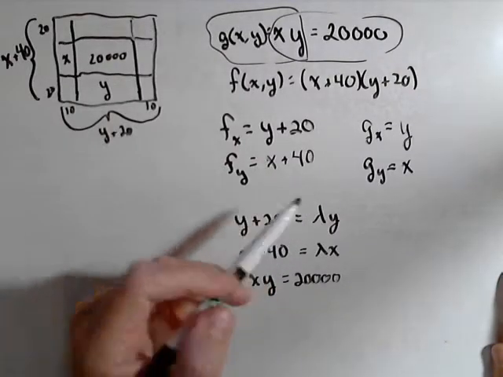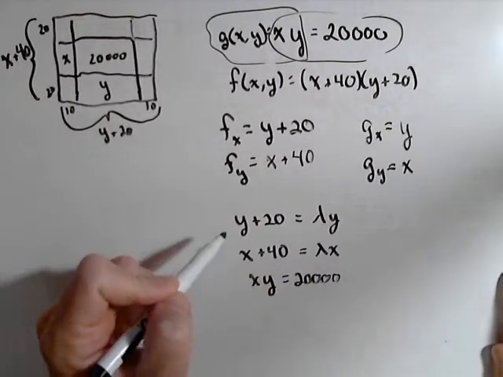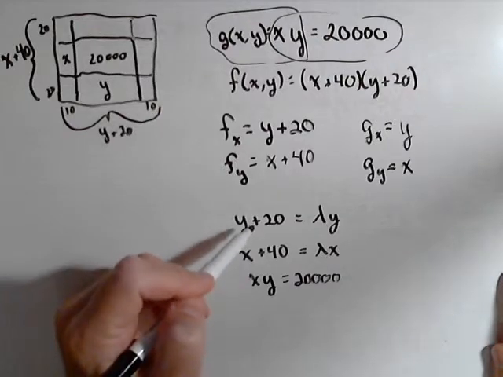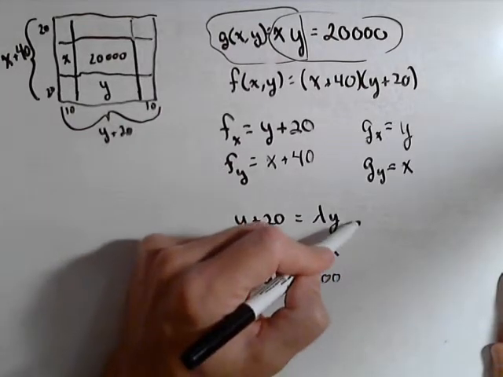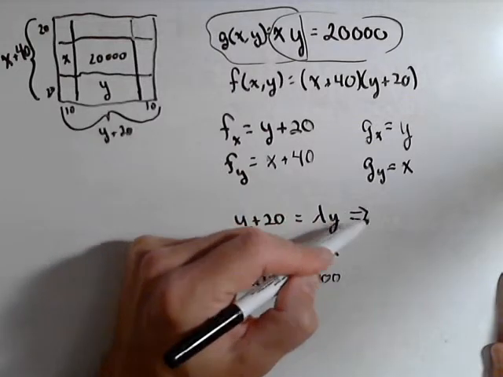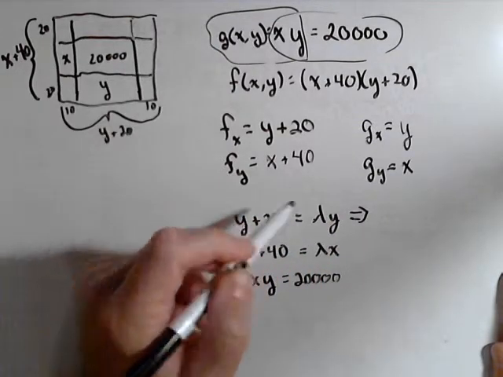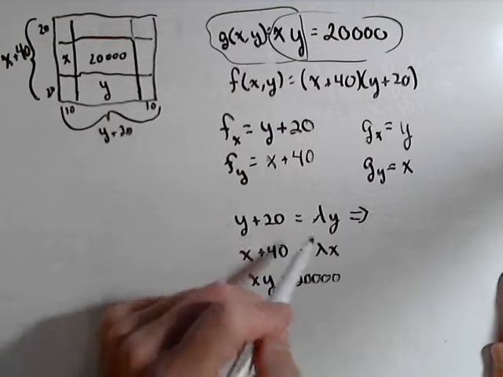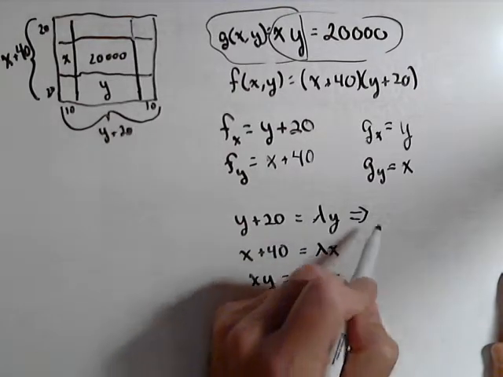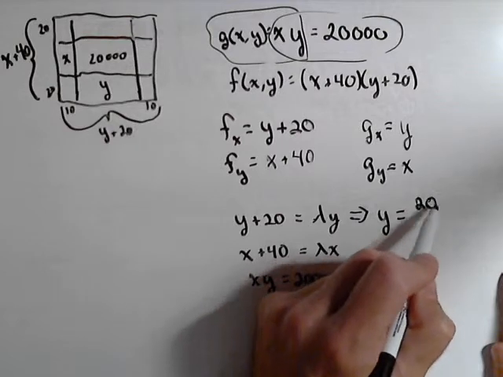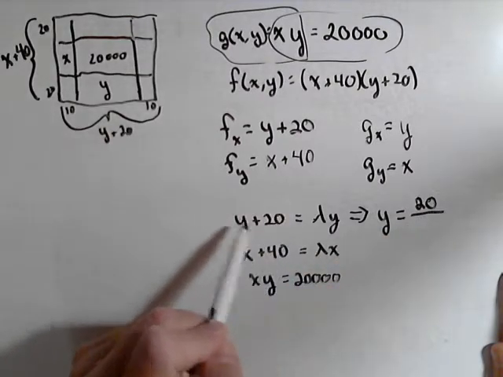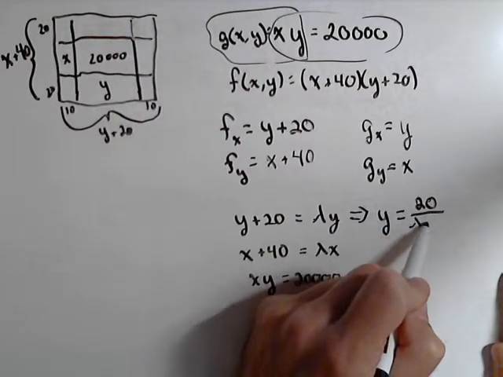There are many different ways to go about solving this system. One that I think works well in a problem like this is to solve for lambda in both of our equations. So solve this one for y in terms of lambda, and we'll get y equals 20 over lambda minus 1.